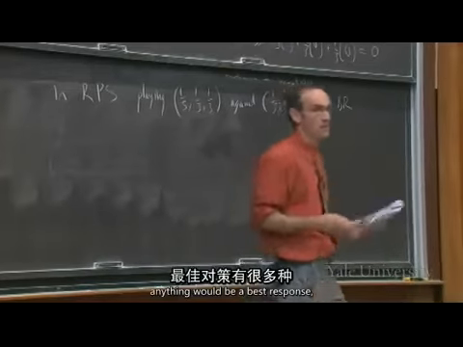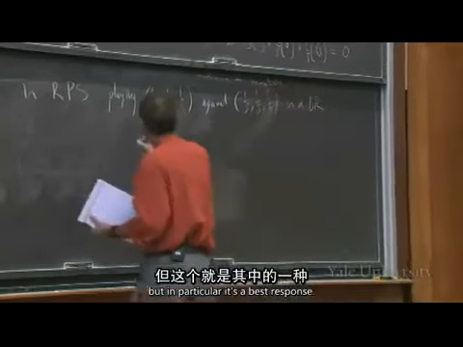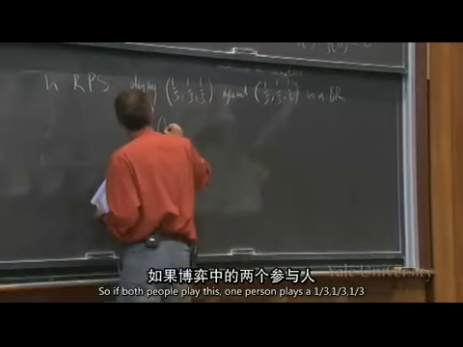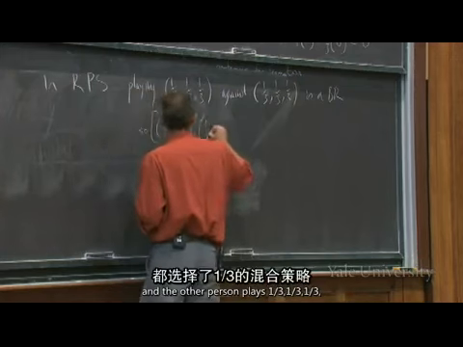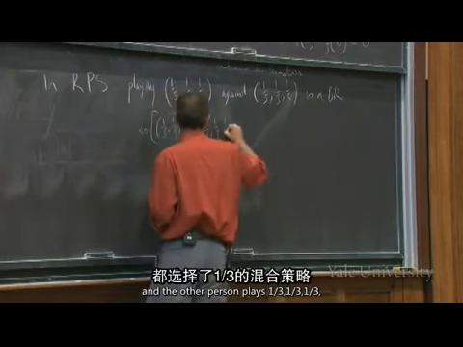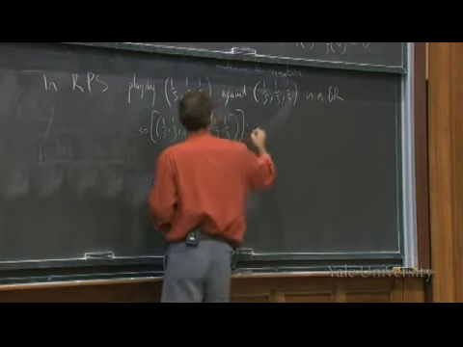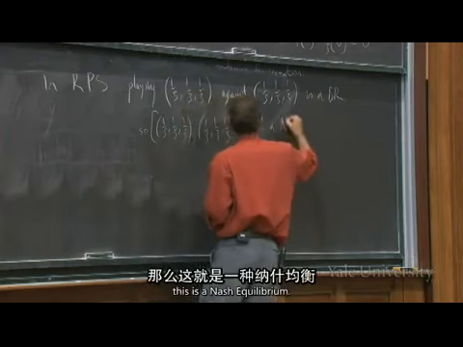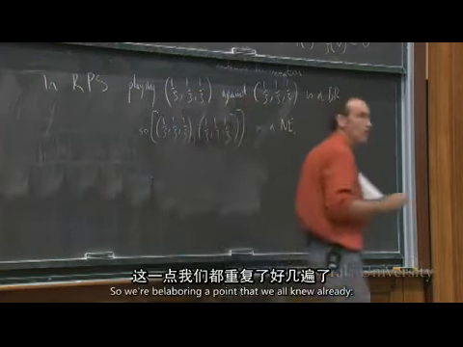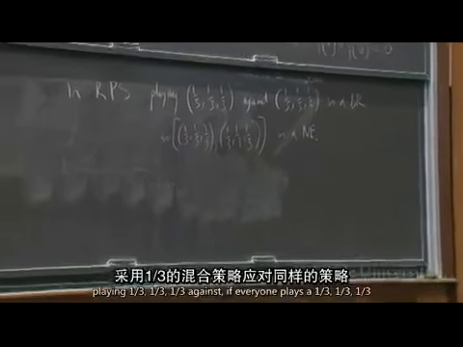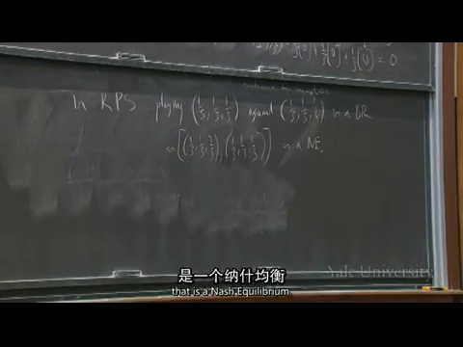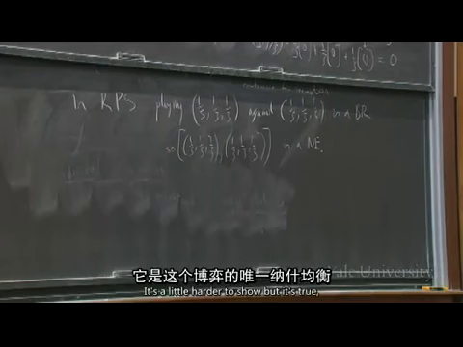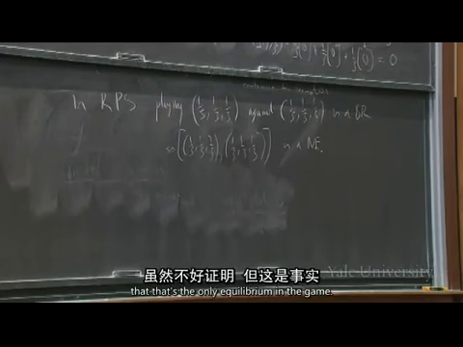In fact, anything would be a best response, but in particular, it's a best response. So if both people play this, one person plays a third, a third, a third, and the other person plays a third, a third, a third, this is a Nash equilibrium. So we're belaboring a point that we all knew already. It's a little harder to show, but it's true that that's the only equilibrium in the game.